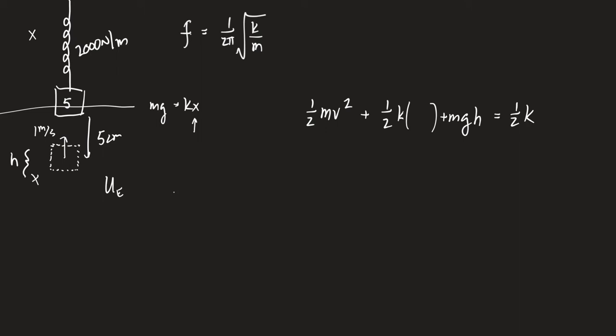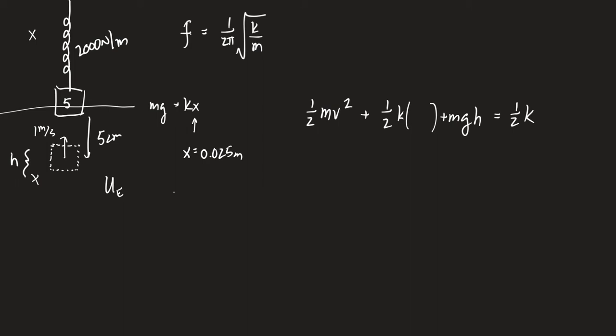Just use 10 for g. Yes, sir. 0.05? 0.025. All right, so x equals 0.025 meters.